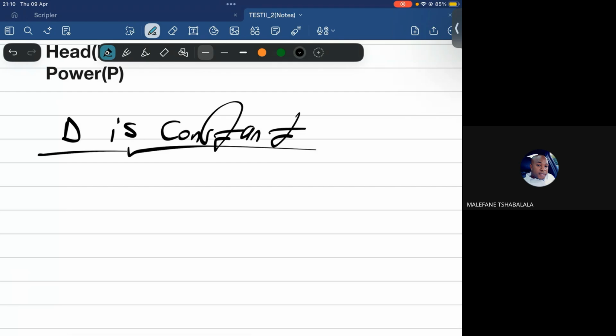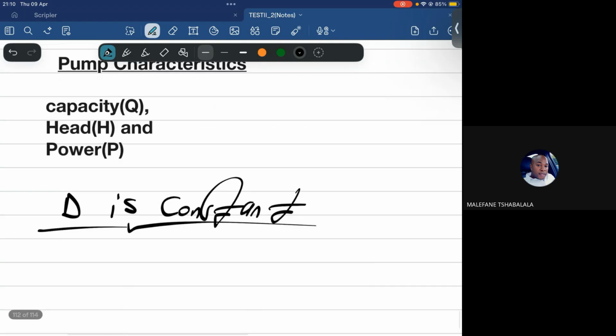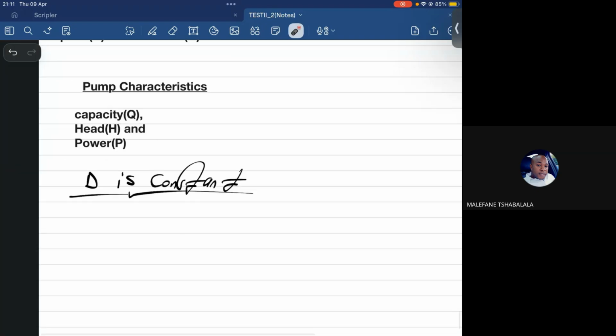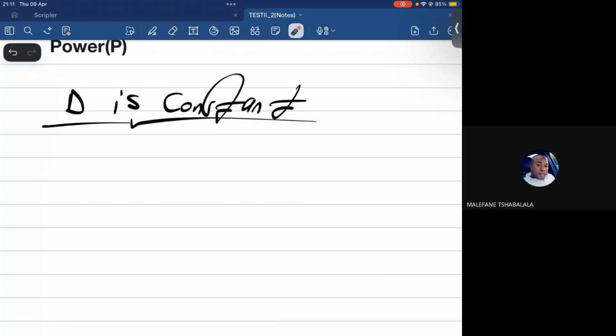This means that all the characteristics of the pump are directly proportional to the impeller speed, because the diameter is constant.